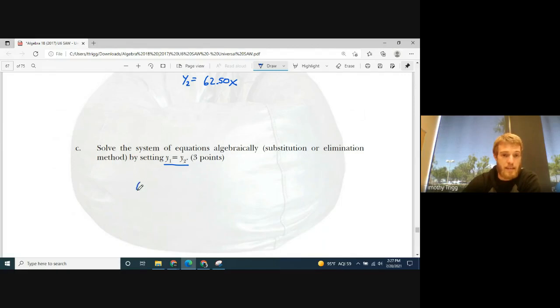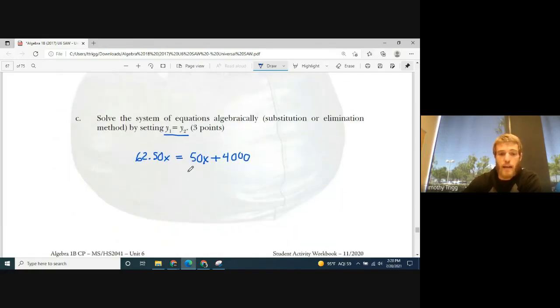So it's going to be $62.50x equals, and then the cost equation, which is 50x plus 4,000. Okay. Now, in order to solve for x, what I would do first is subtract 50x from both sides of the equation.